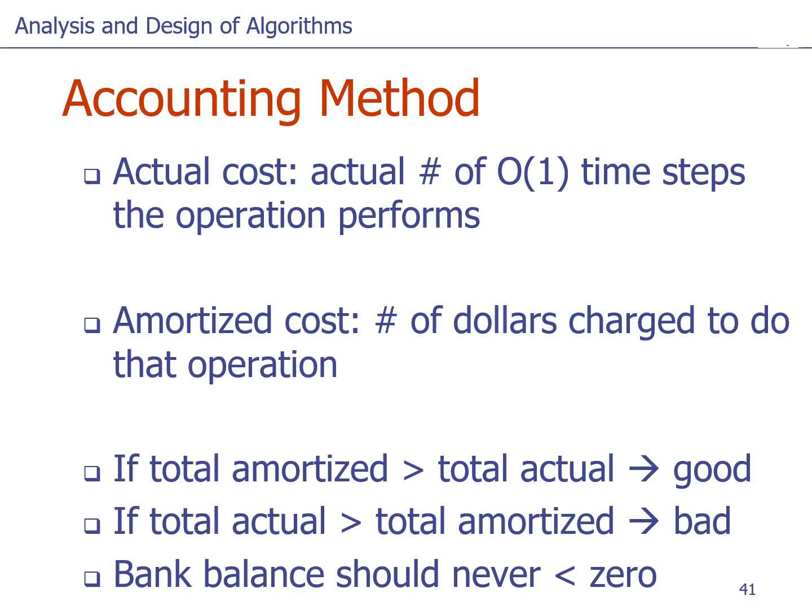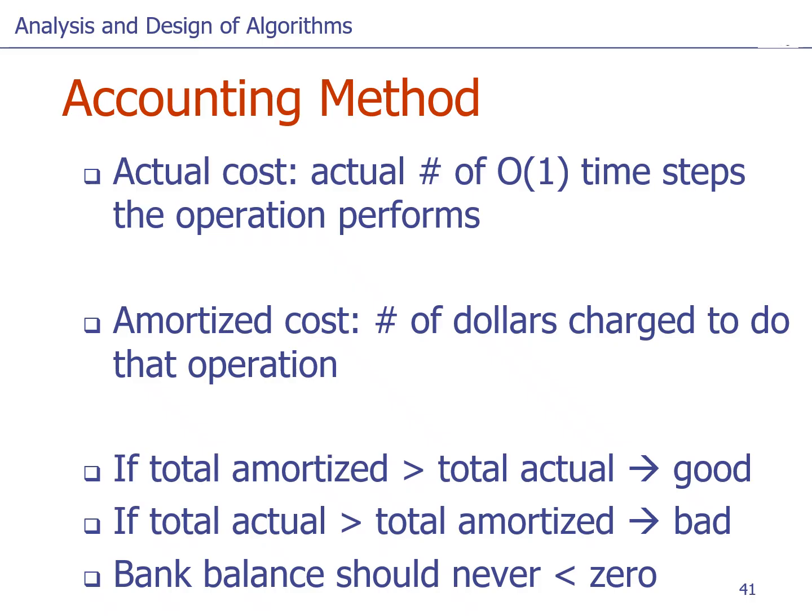The amortized cost is the amount of dollars you save by running a specific operation, which will vary from 0 to some number. That's why it's often described as the amount of dollars you charge to the operation. Okay, so there is an imaginative model here that we're trying to build.